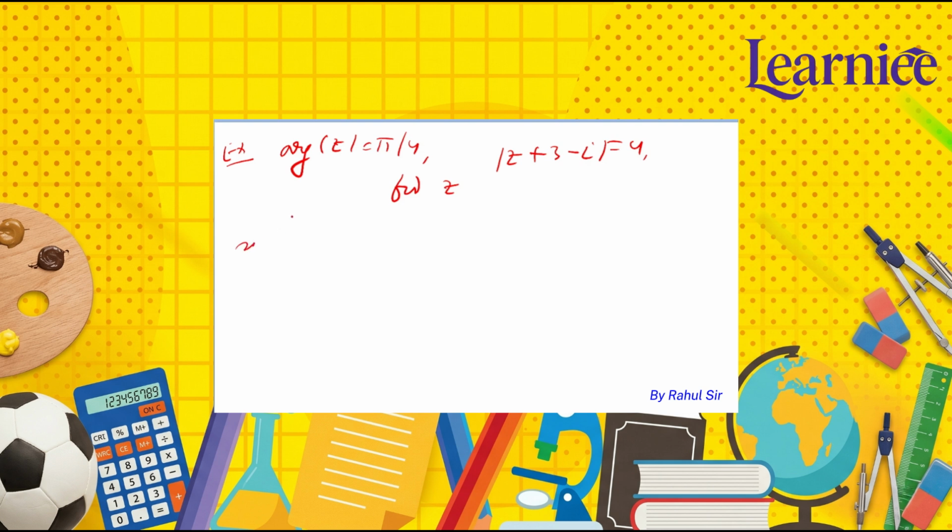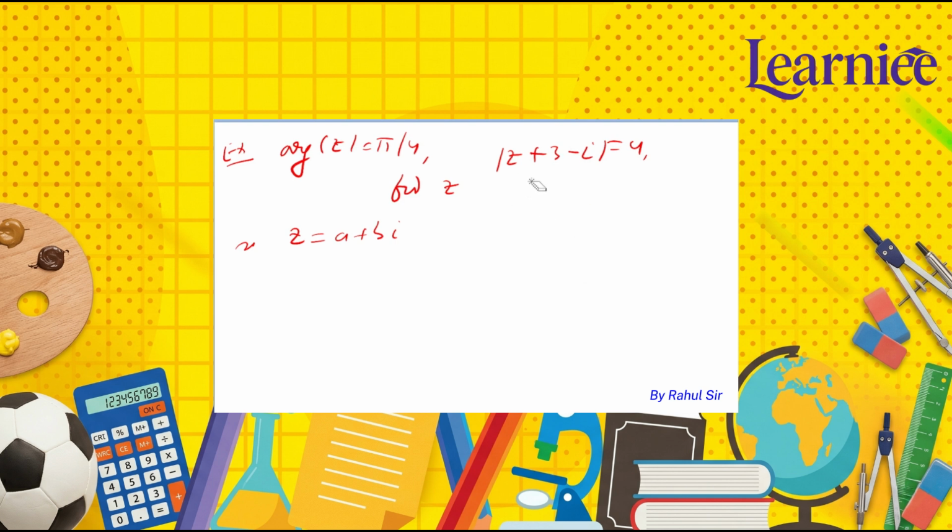We don't know z, some kind of complex number, so I can assume z is a plus bi. Since the argument of z is pi by 4 and z is lying on a circle, what does z look like? What does this represent? This represents a circle.